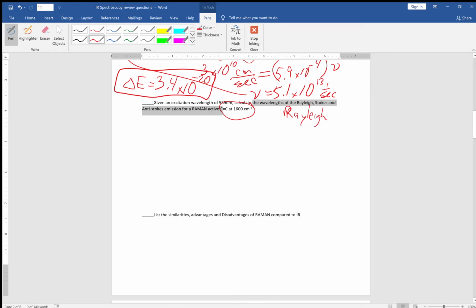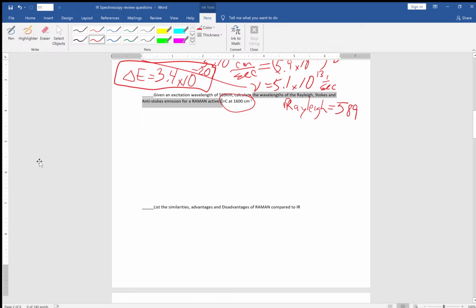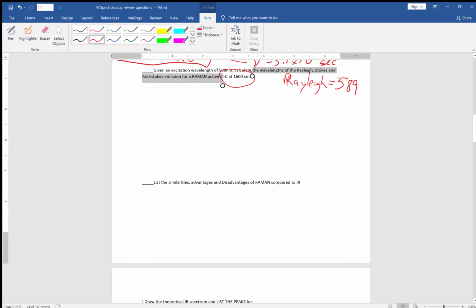The Rayleigh scattering is going to still be at 589. What we want to do is now calculate the Stokes and anti-Stokes emission.